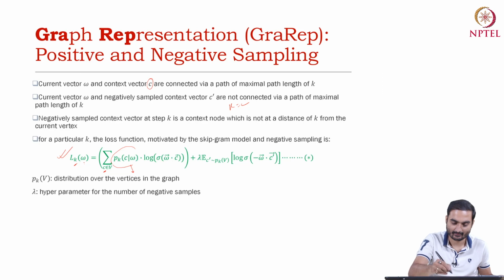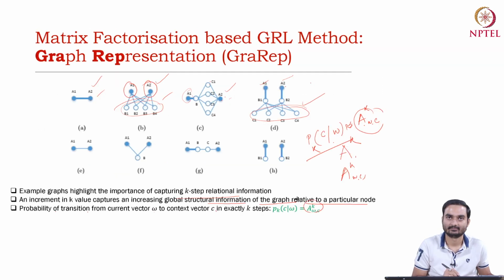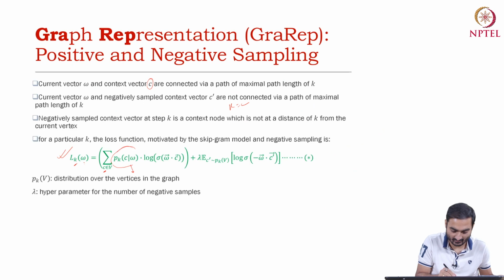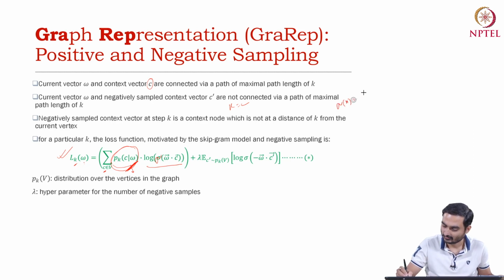Then you multiply this, because this is the number of shortest paths between C and W. And this is a sigmoid non-linearity of the W vector and the C vector.